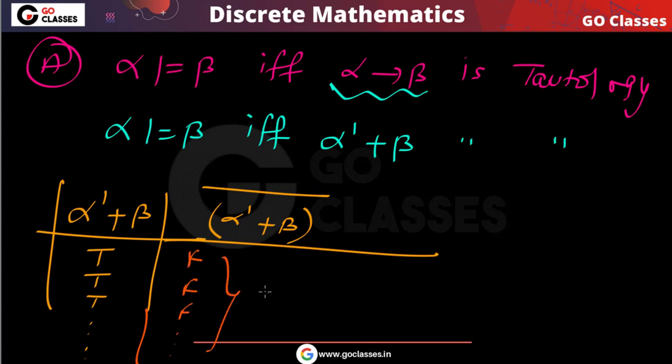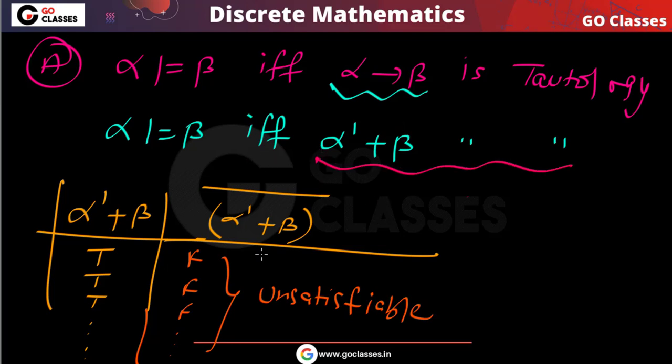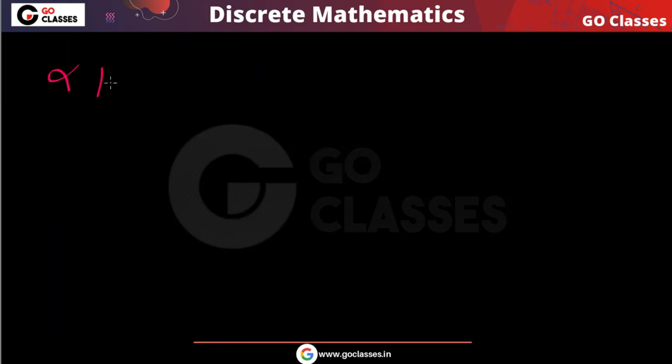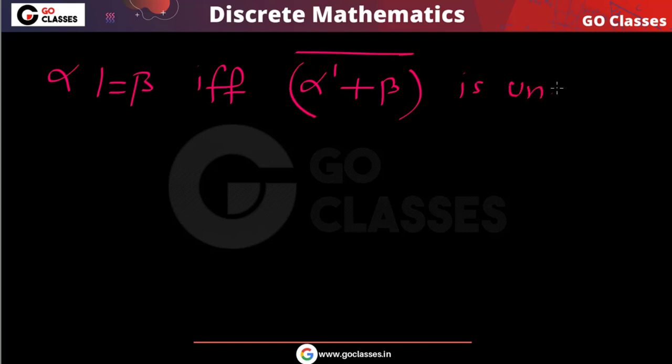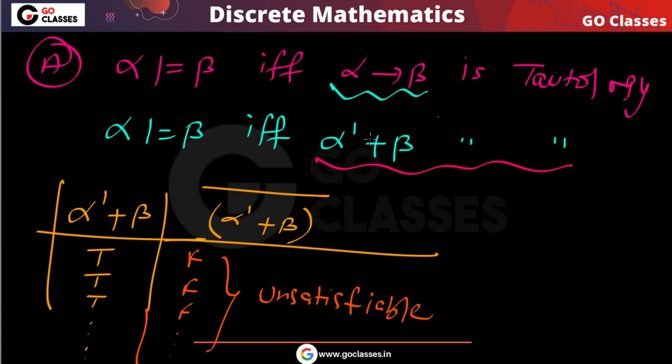So we are saying that alpha infers beta if and only if this is a tautology. So I can also say that alpha infers beta if and only if the negation of negation alpha or beta is unsatisfiable. Both are the same, because this being unsatisfiable automatically means that the other is a tautology.